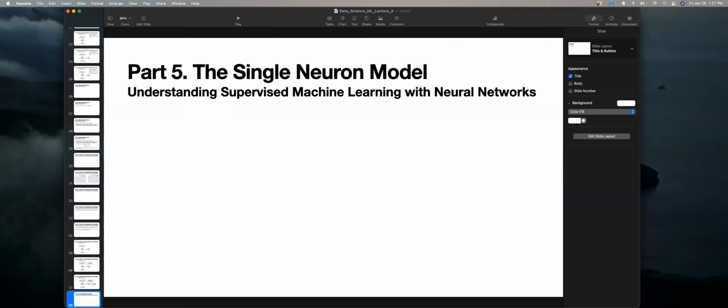Okay, so we've made it to the single neuron model. Now, typically in a machine learning course, you will start with supervised learning from the standpoint of an algorithm called k nearest neighbors, or maybe linear regression, like least squares regression.